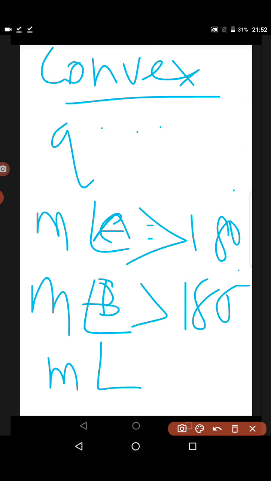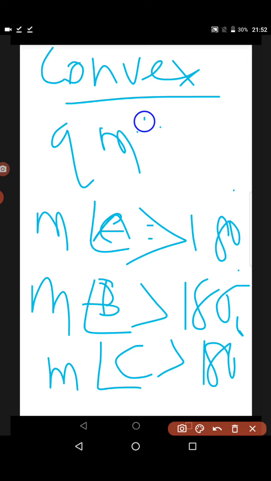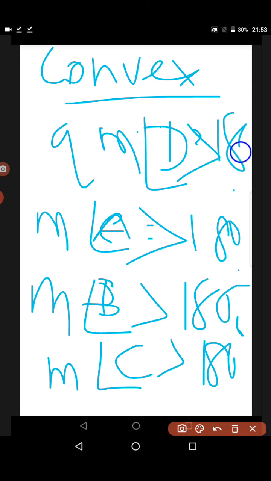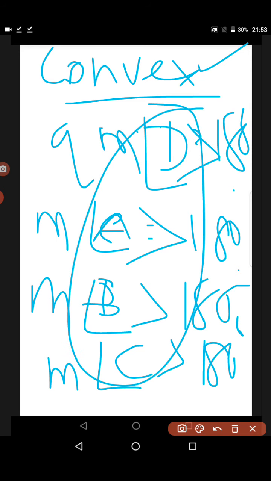Measure of angle C should be less than 180 degrees. And finally measure of angle D should be less than 180 degrees, right? So this is about convex quadrilateral. In this, all the angles of the quadrilateral should measure less than 180. It should be less, okay.